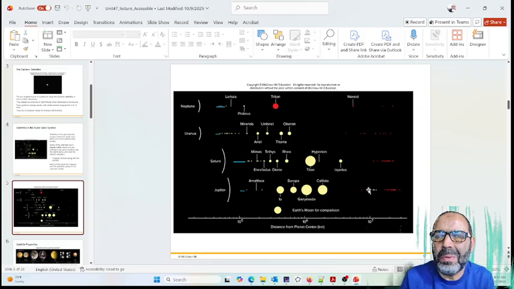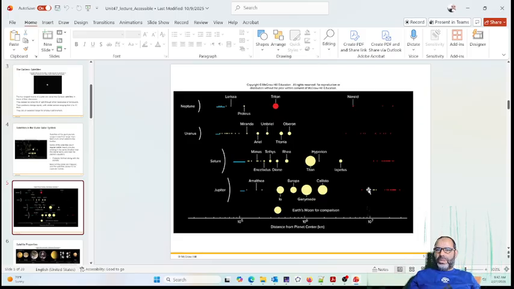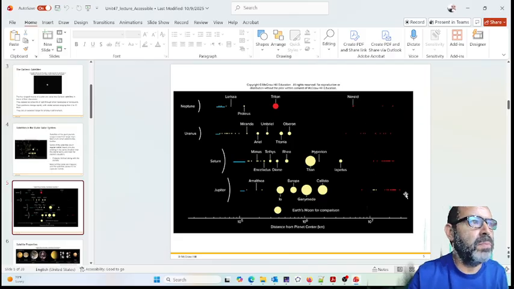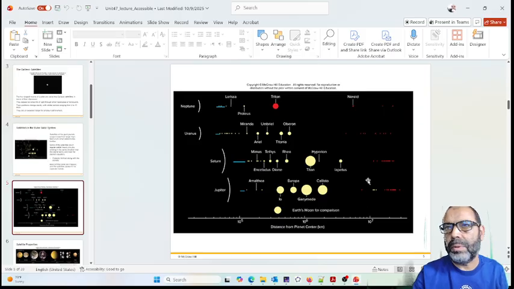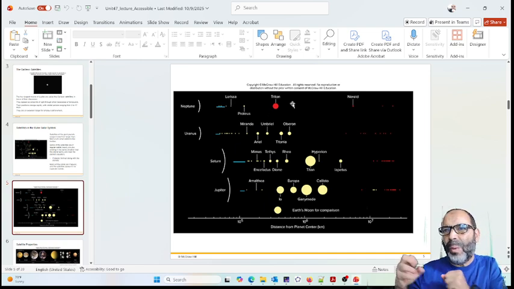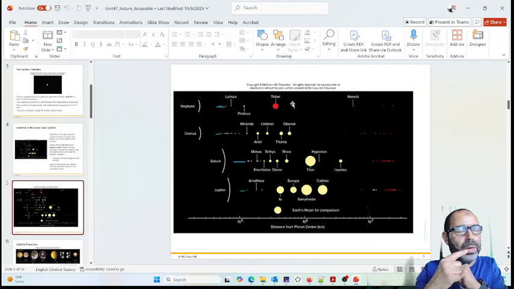So what is probably the hypothesis for all of these things? They must be captured objects. For these tiny objects, they could most likely be asteroids or even comets that ventured too close and were captured. But Triton is probably a twin to Pluto, because remember, we are very close to Pluto at this point, we're near Neptune.